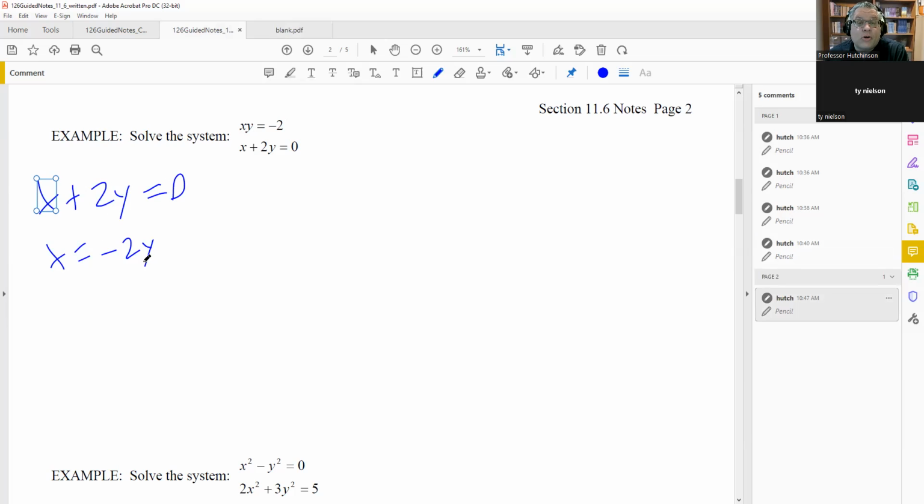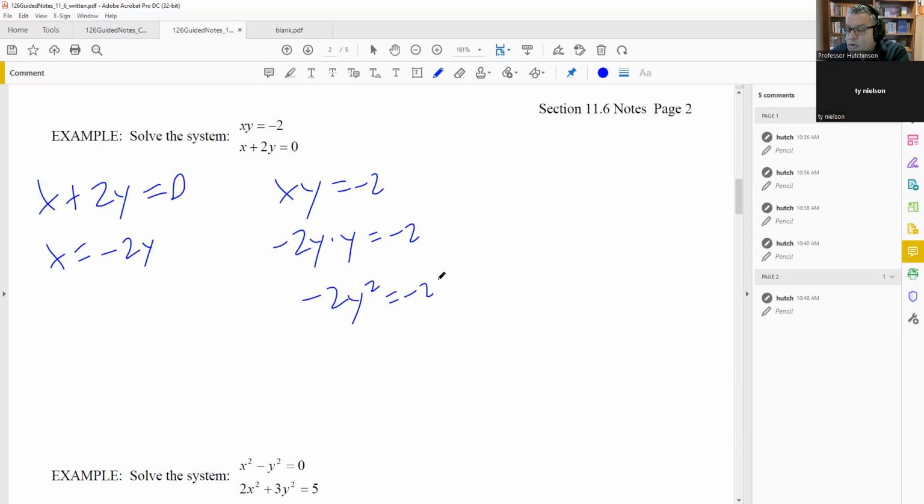Now what I'll do is plug this into the first equation. So I have xy equals -2. Instead of the x, I'm going to put in -2y. So I have -2y goes in there for the x, and then I still have it multiplied times y equals -2. So I get -2y squared equals -2.